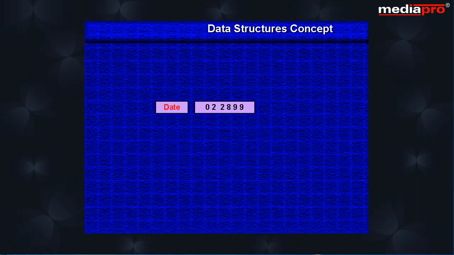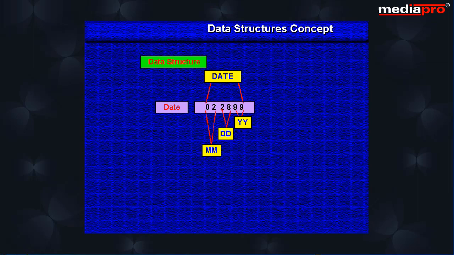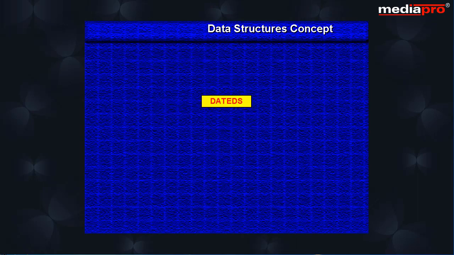If you create a data structure to hold the date field, you can redefine the data structure so that the same date field can also be accessed as three individual subfields that contain the month, day, and year. No new storage is needed for these subfields.